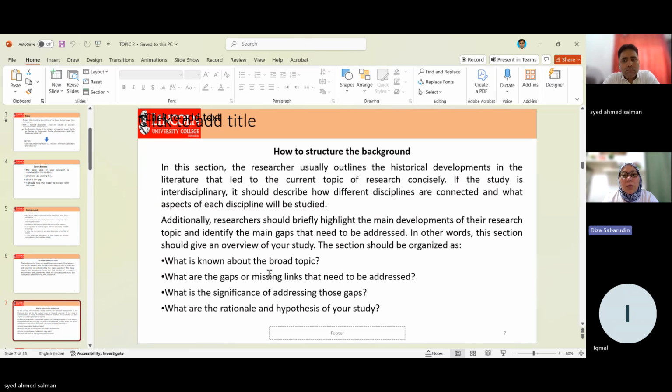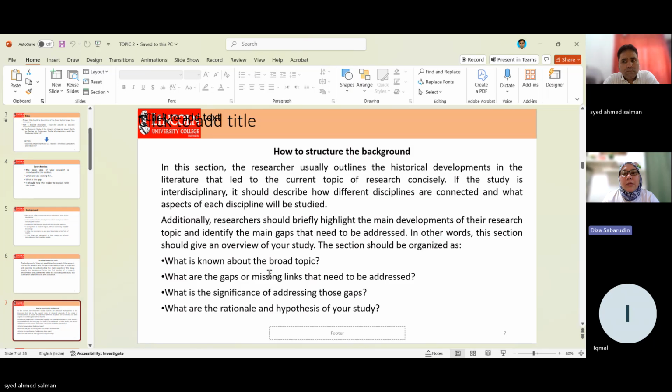Then I'll ask myself what, who, where, and when my research topic is targeting. This helps narrow the topic and make the title more specific. Next, include the key variables or concepts being studied.